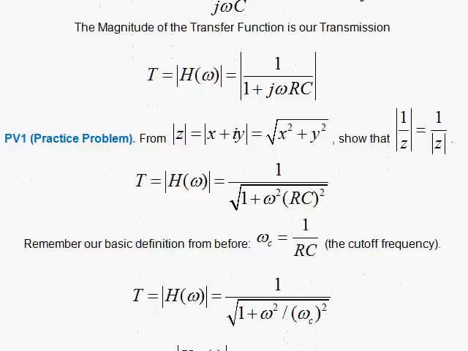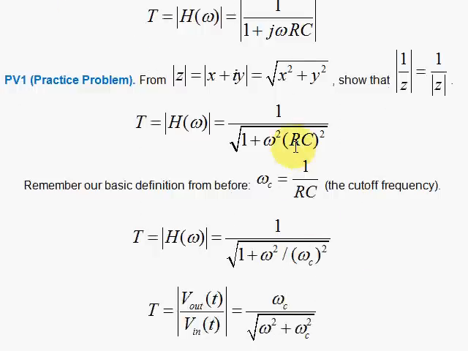So this is omega squared over omega c squared, and then multiplying top and bottom by omega c, I get omega c up top, and when I bring the omega c inside the square root, it comes in as omega c squared. And that omega c squared cancels in the denominator, and so we have omega c squared, and that's the answer from before.